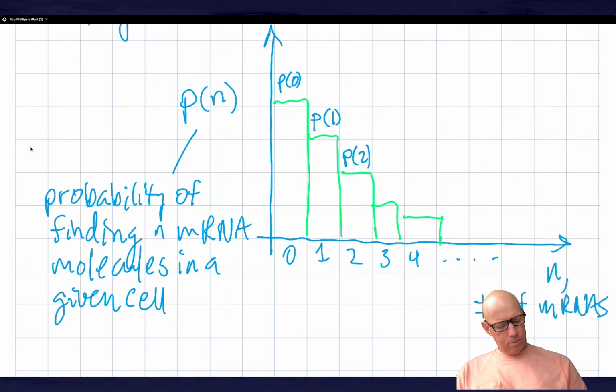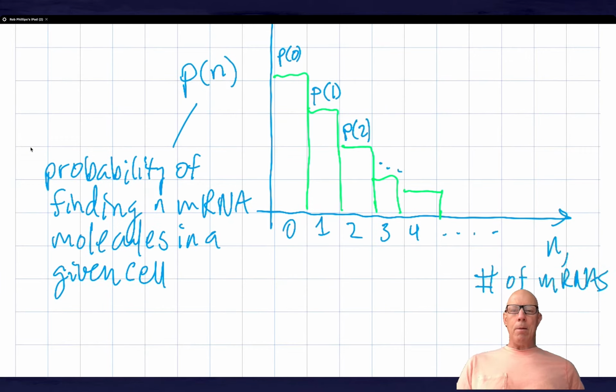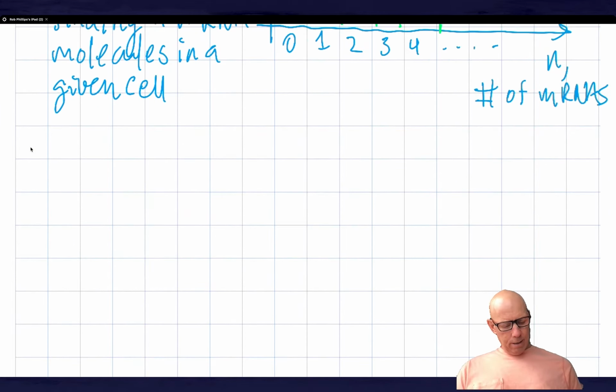This is P2, etc. So Pn is the probability of finding n mRNA molecules in a given cell. And what I want to do now is see if I can develop a strategy for computing this distribution. And so my logic for achieving that is that I'm going to assume that the system is in steady state.